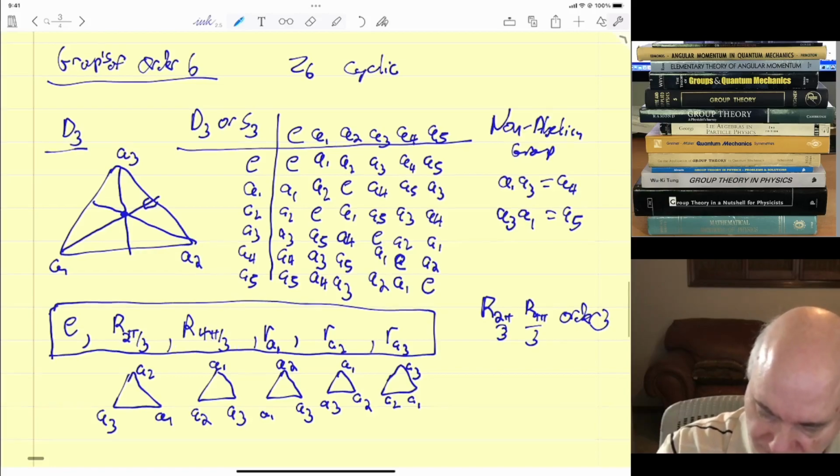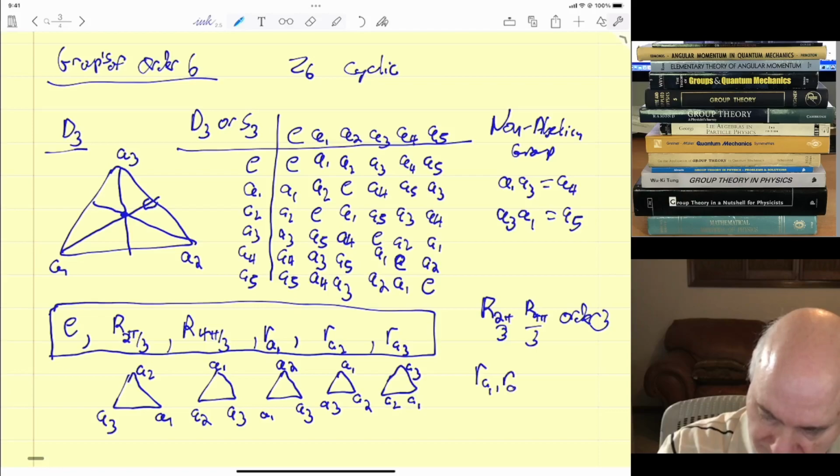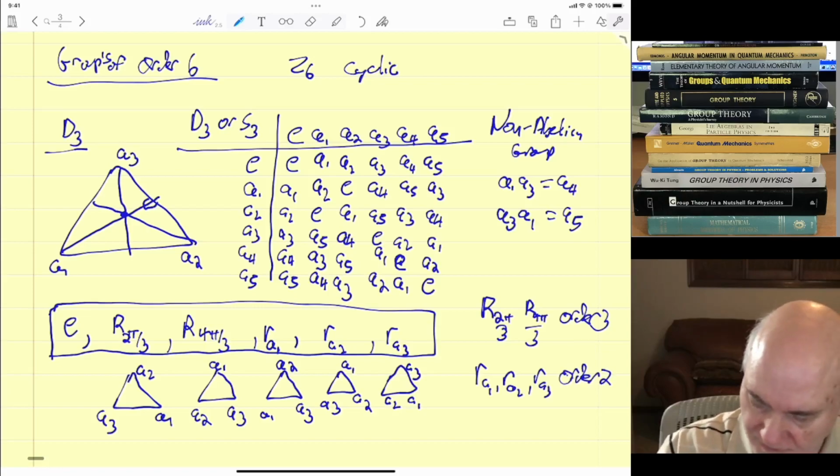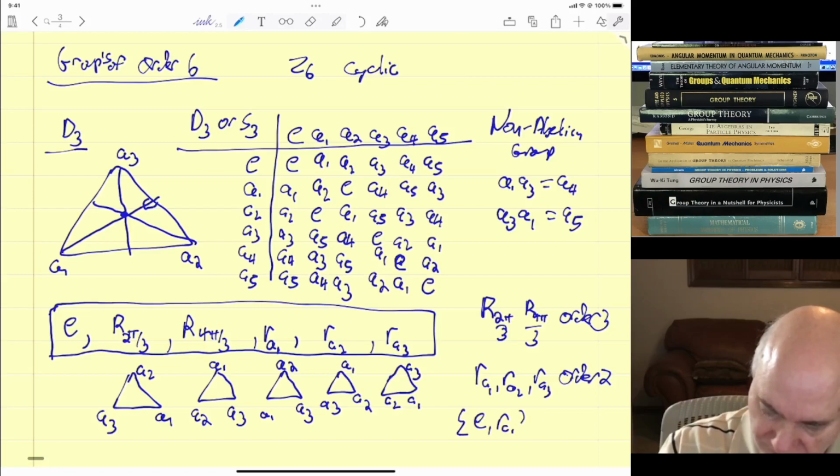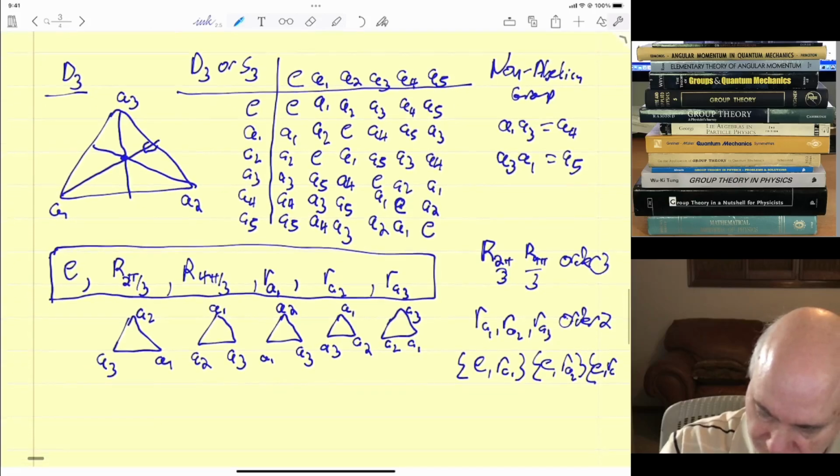Whereas the reflections, r_A1, r_A2, r_A3, have order 2. And you can see that there are subgroups, lots of subgroups. r_A1 is a subgroup. r_A2 is a subgroup. And r_A3 is a subgroup.